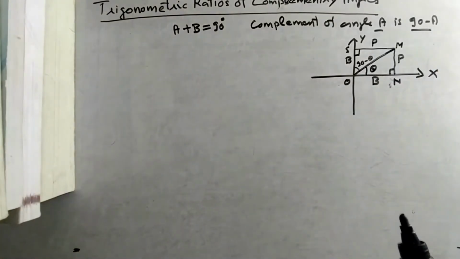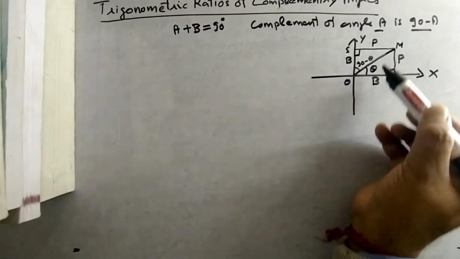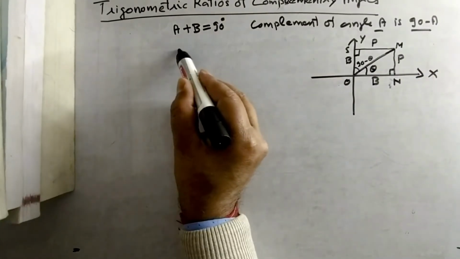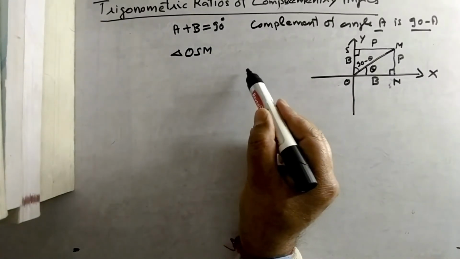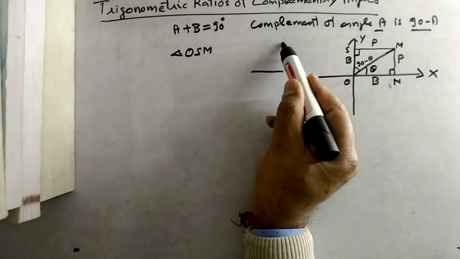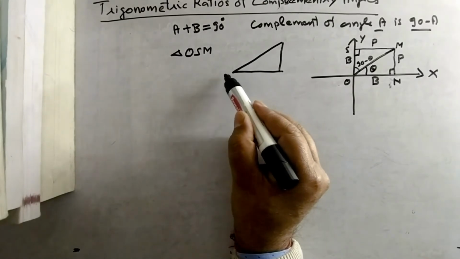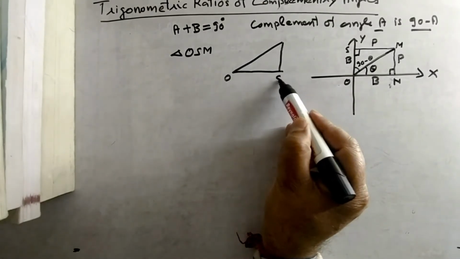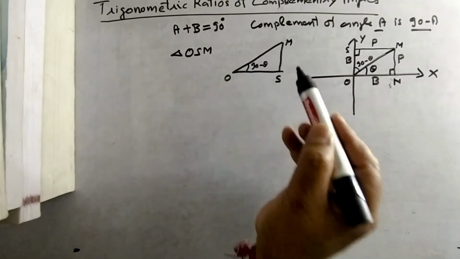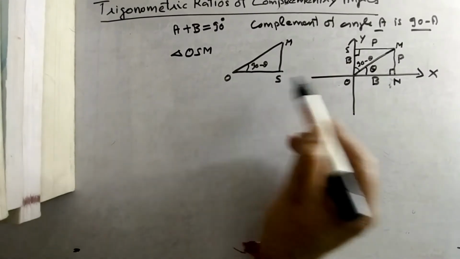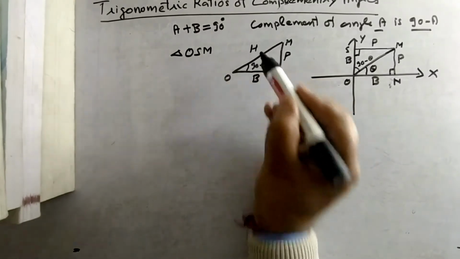I am talking about the triangle OSM. In this triangle, this is O, this is S, this is M. Say this is 90 degrees minus theta. So obviously now you see, this OS is the base, this is the perpendicular, this is the hypotenuse.